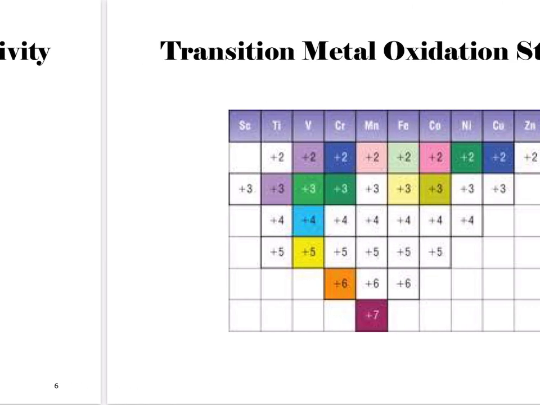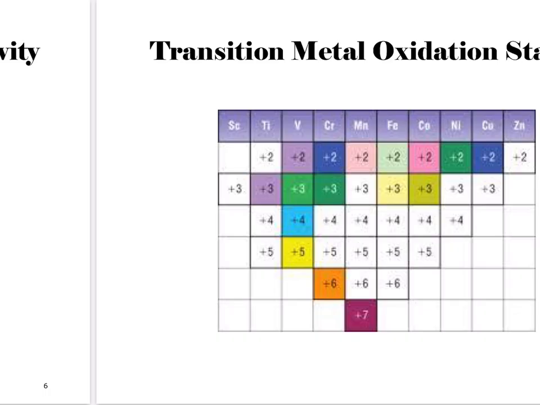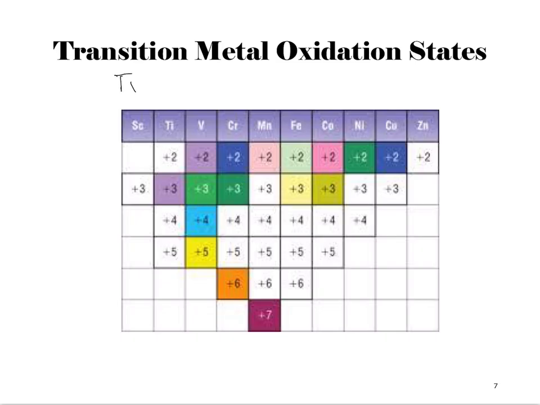All right, and then the transition metals, they also don't form just one type of ionic compound. They're called type 2 cations, or type 2 ions.